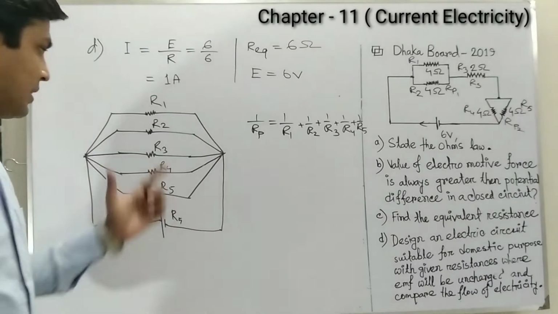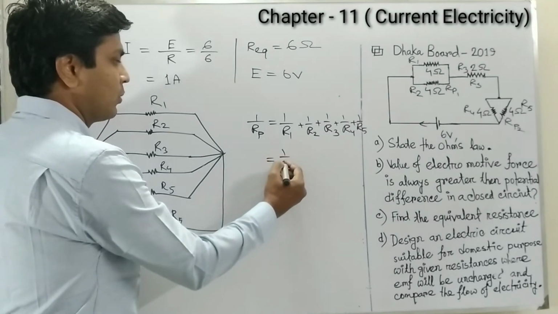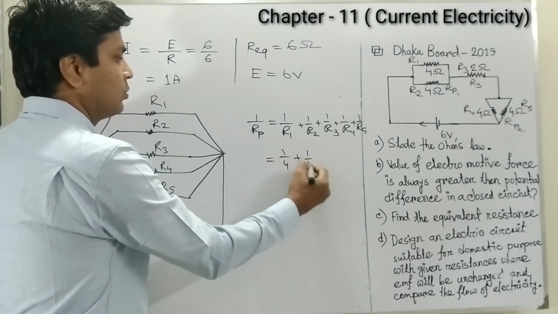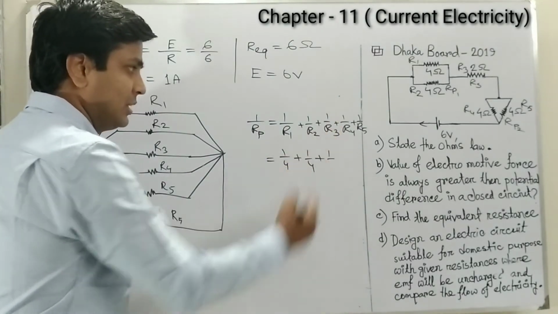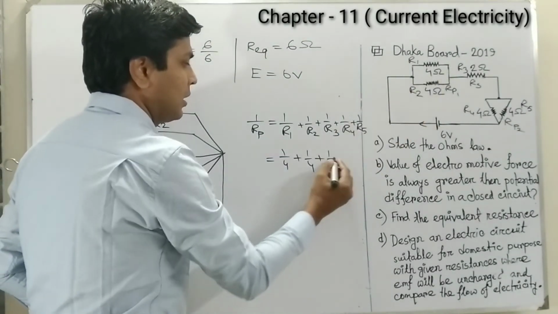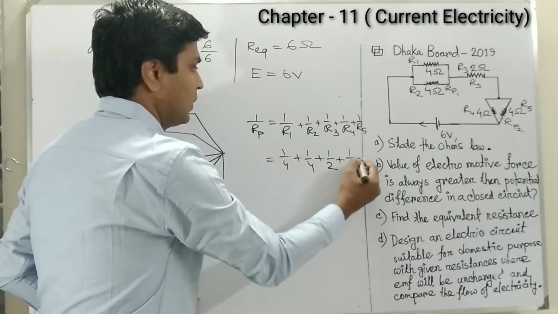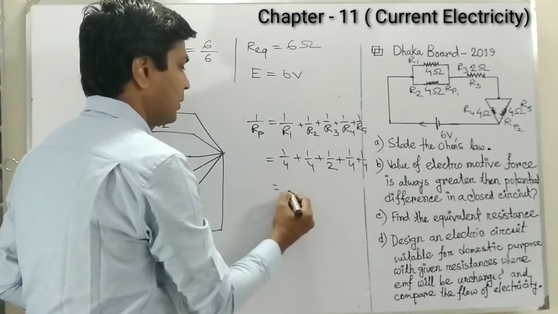All the resistances are in parallel. If you put in the values, R1 is 4, R2 is also 4, R3 is 2 ohm, R4 is 4 ohm, and R5 also 4 ohm.